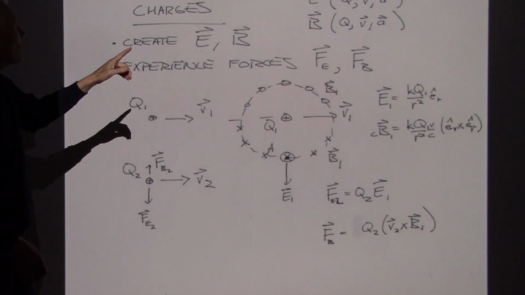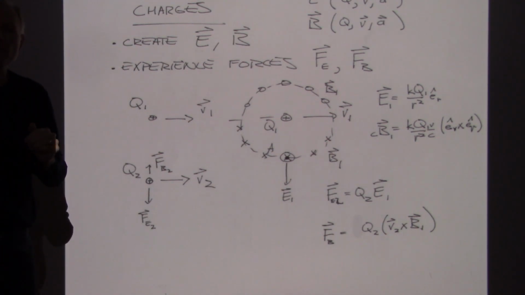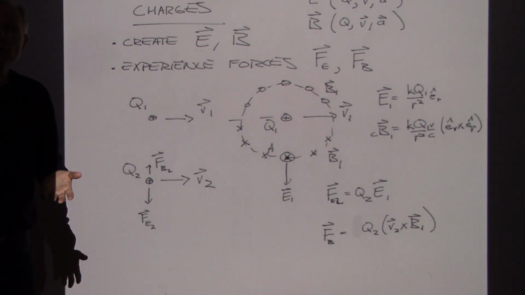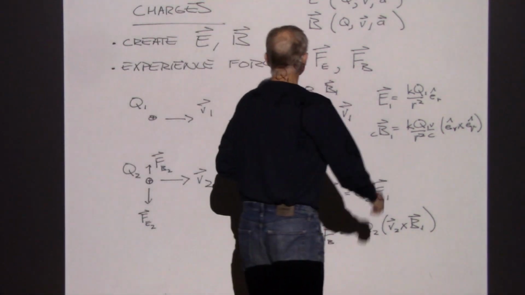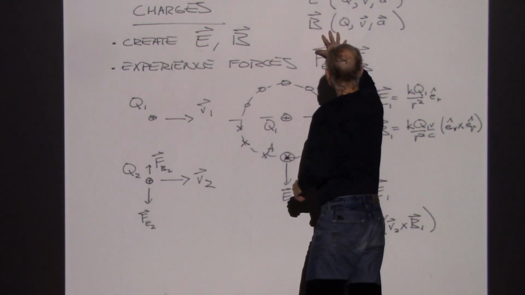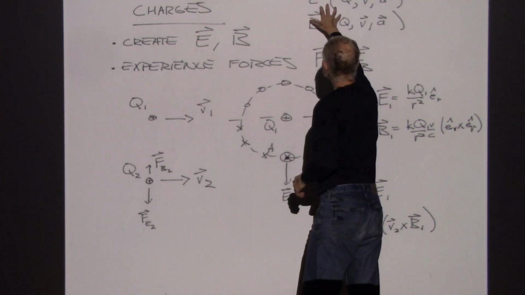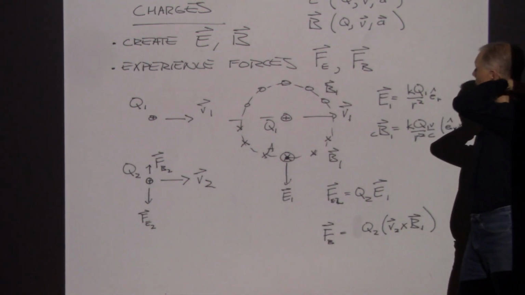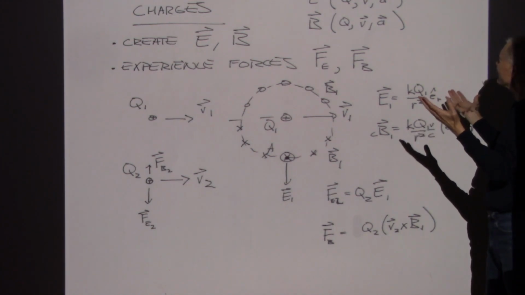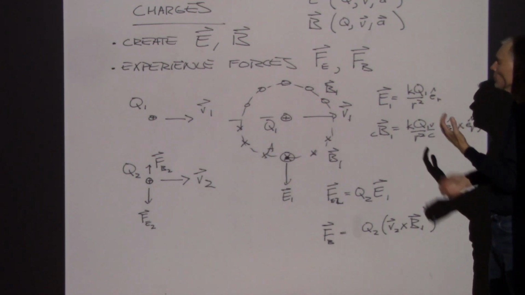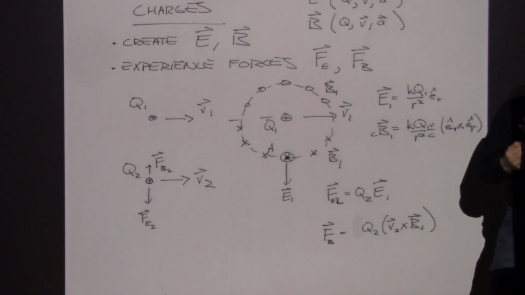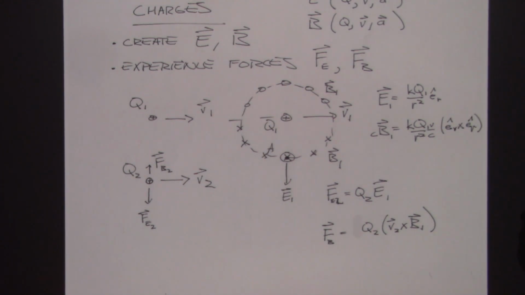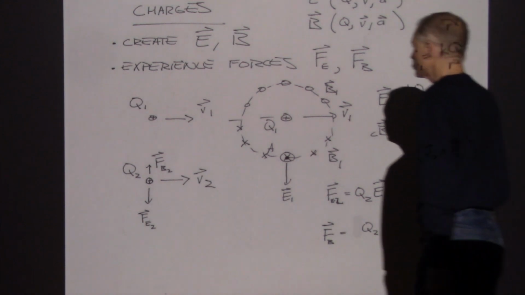So it's not just the charge's velocity that's important, but the acceleration will also help determine exactly the shape of the electric and magnetic field. So both electric and magnetic fields can be thought of as functions of, and I didn't write distance and angle or whatever, but the fields are going to depend on charge, they're going to depend on velocity, they're going to depend on accelerations of those charges.